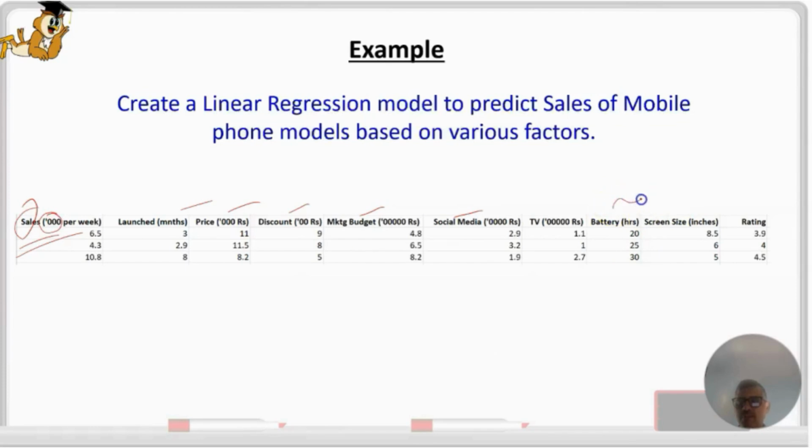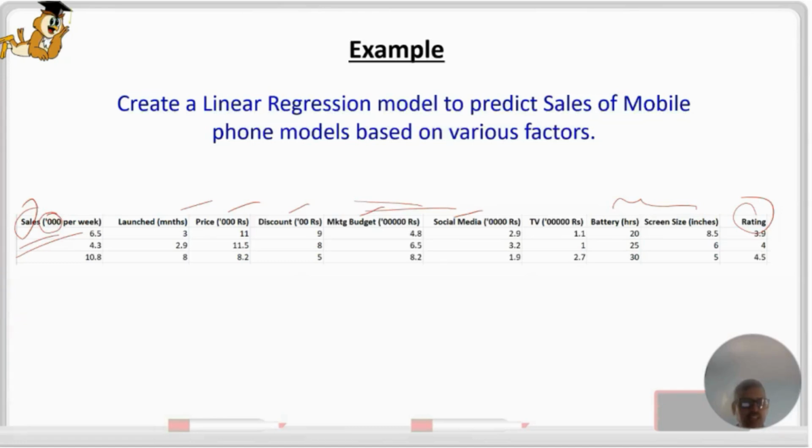These are parameters of the model itself, whereas these are some of the sales and marketing related parameters. And then maybe the rating on, let's say, Amazon or other portals given to that particular model, right? So this is what my training data would typically look like.